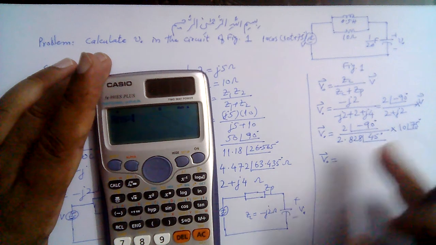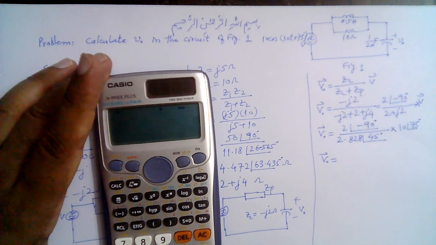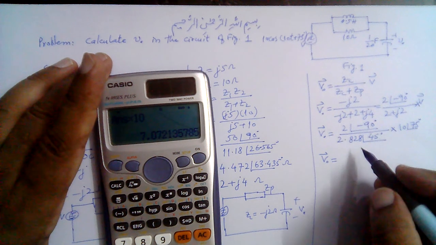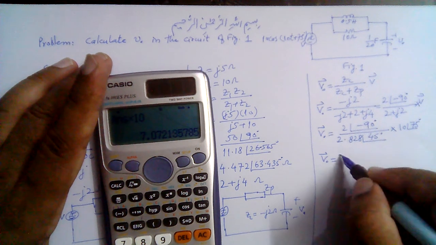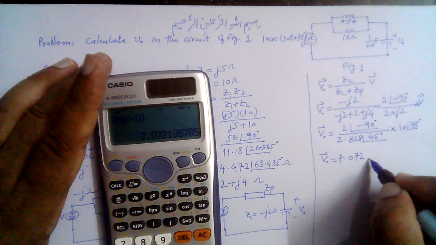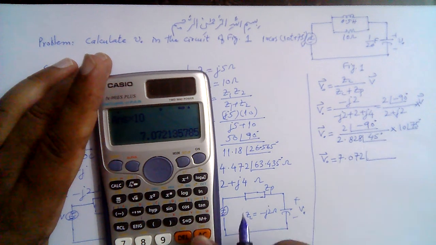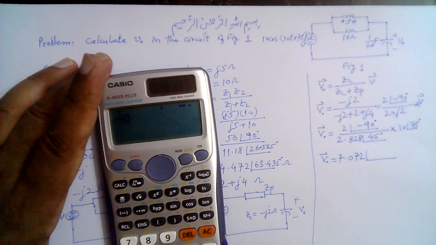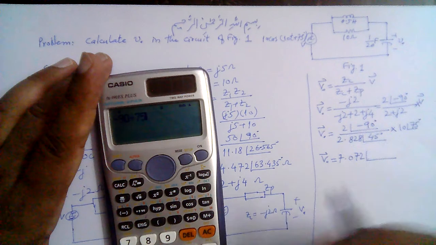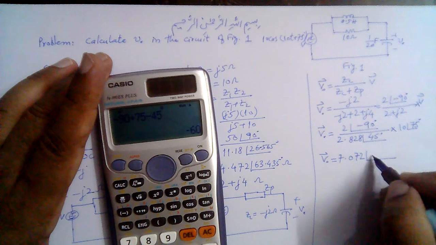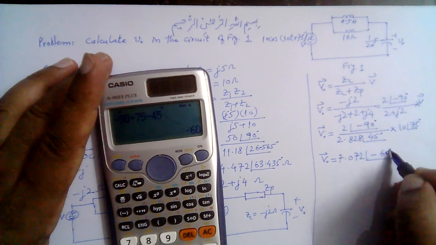And that is multiplied by 10, and this is equal to 7.072, and the angle is minus 90 plus 75 minus 45. So that is minus 60 degrees volts.